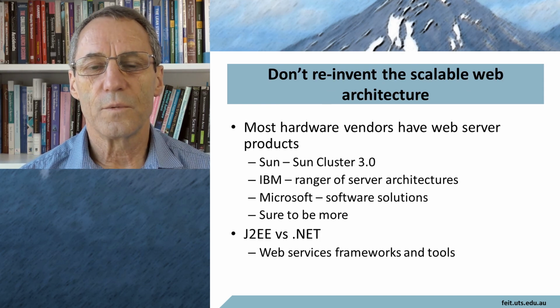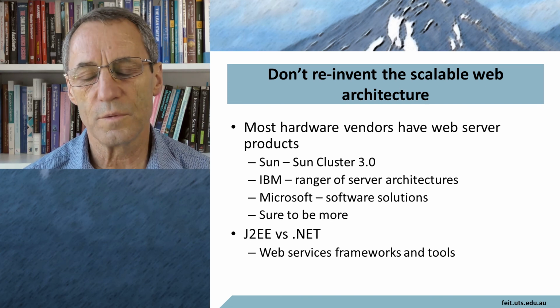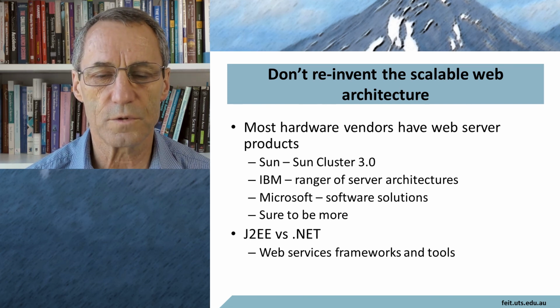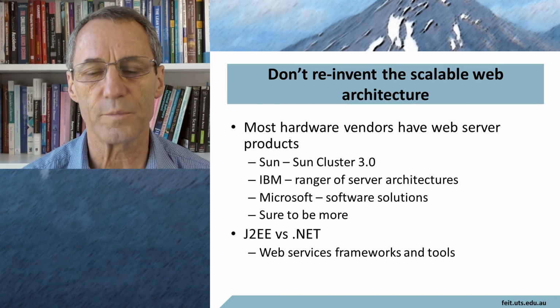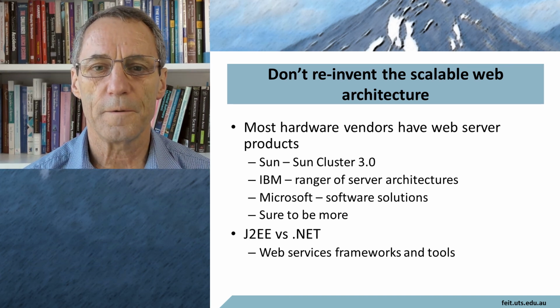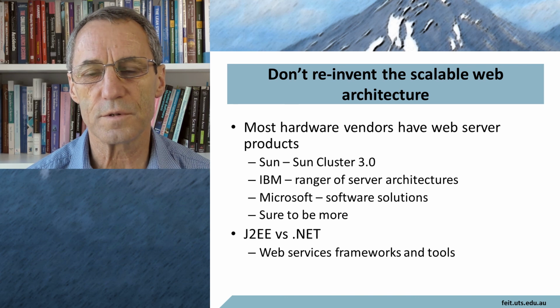When you're looking at implementing things on the internet, there are an enormous number of resources that are available to you. There are architectures, there are frameworks, there are components, there are component libraries, there are things like databases you can buy.